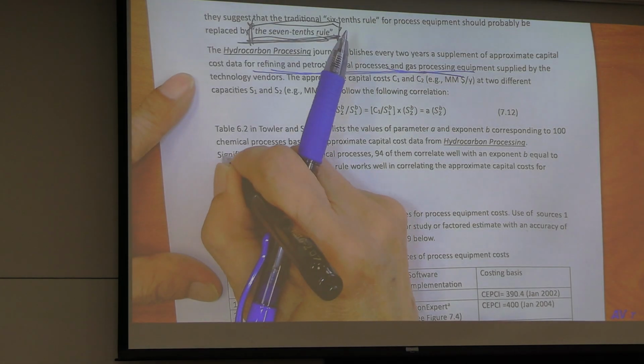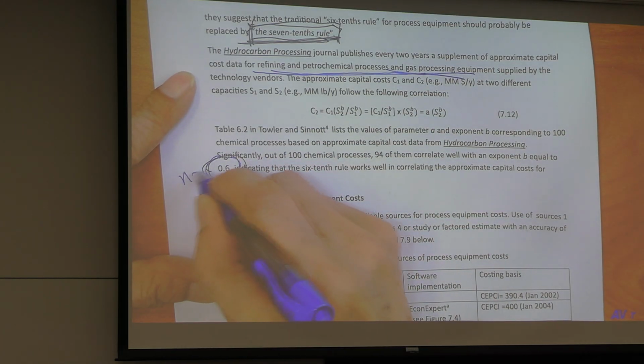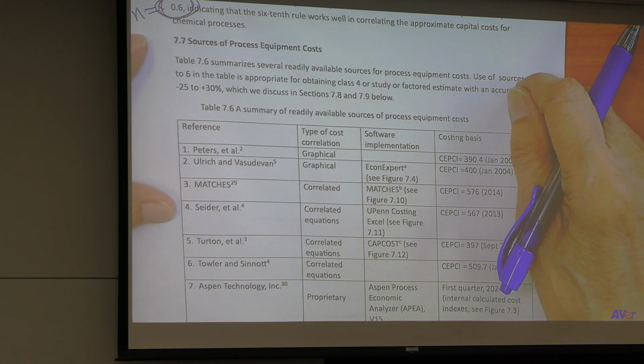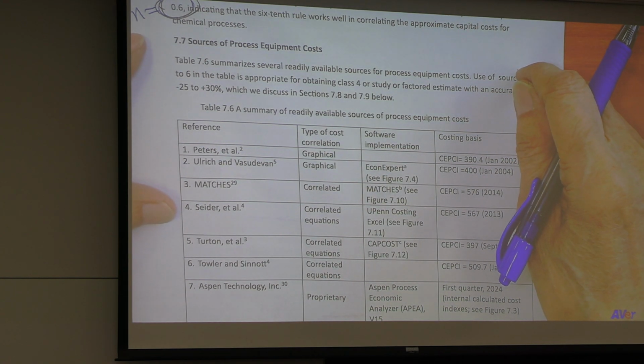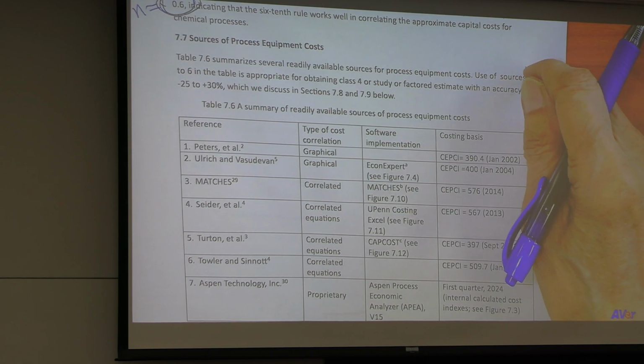Their suggestion is 0.6 works well. Page 12. Where do you get process equipment costs? What are the good, bad, and ugly? I think today we have time to cover this as well.